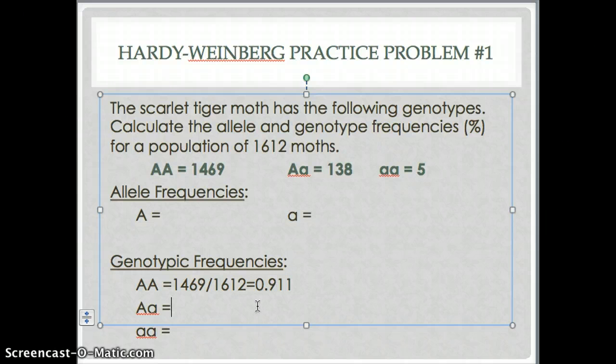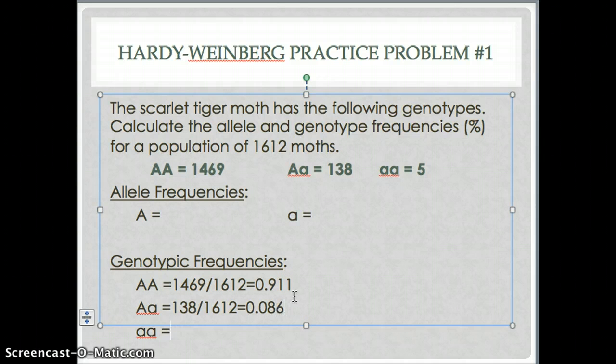And the same thing I'm going to find using 138 divided by 1612, which I will get 0.086, rounding.